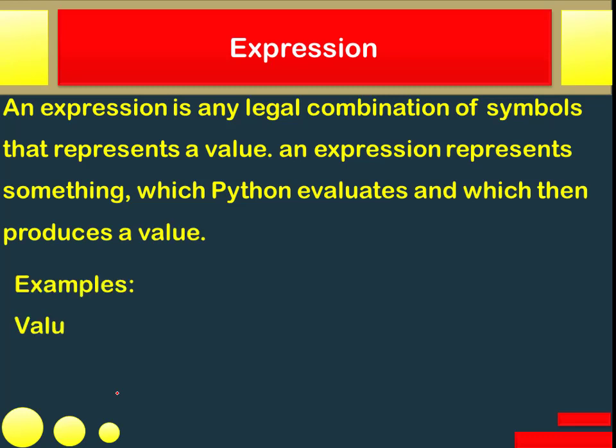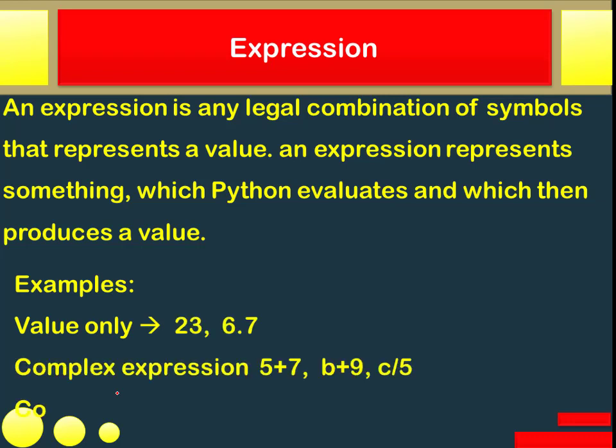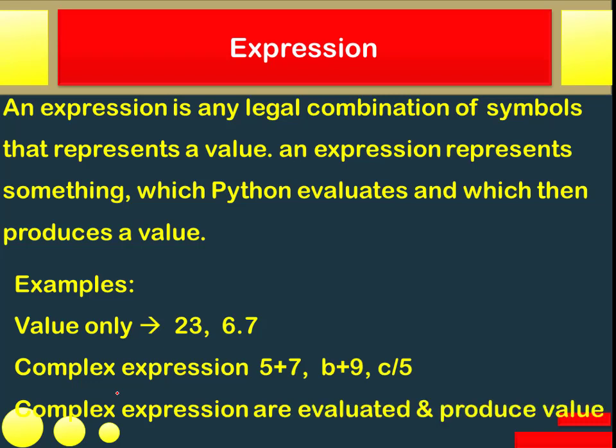Examples: values only, like 23, 6.7, and complex ones like 5 plus 7, b plus 9, c divided by 5. 23 is expressing a value. 6.7 is also expressing something; 6.7 is the value. So an expression is a legal combination of symbols that represents a value.